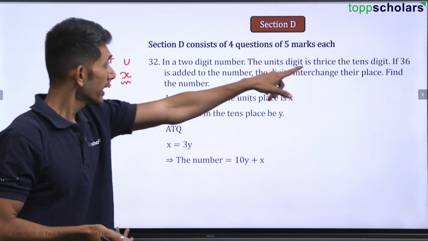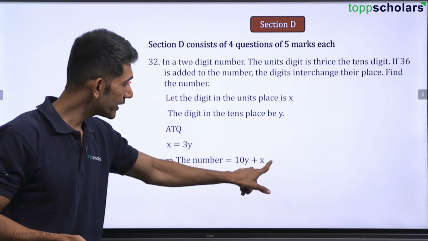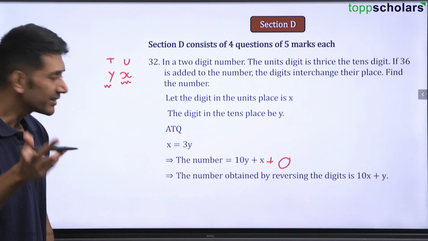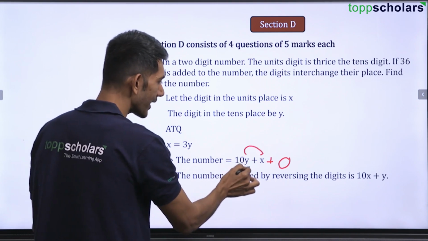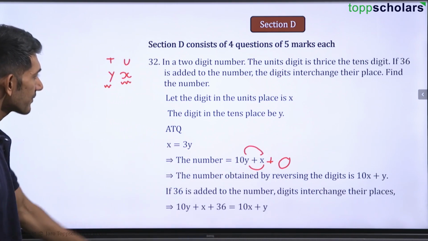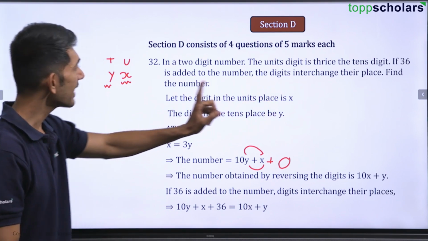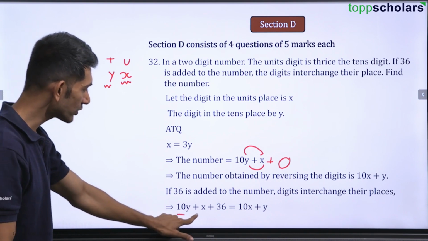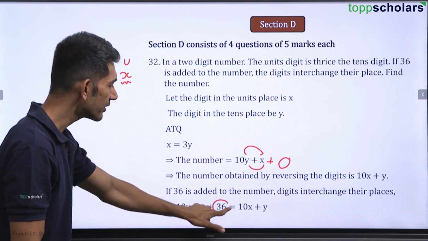Now, if 36 is added to the number, we need to add 36 here. It reverses, that means x becomes y, y becomes x. So if 36 is added to the number, the digits interchange their places. So 10y plus x was our number, and we have added 36.